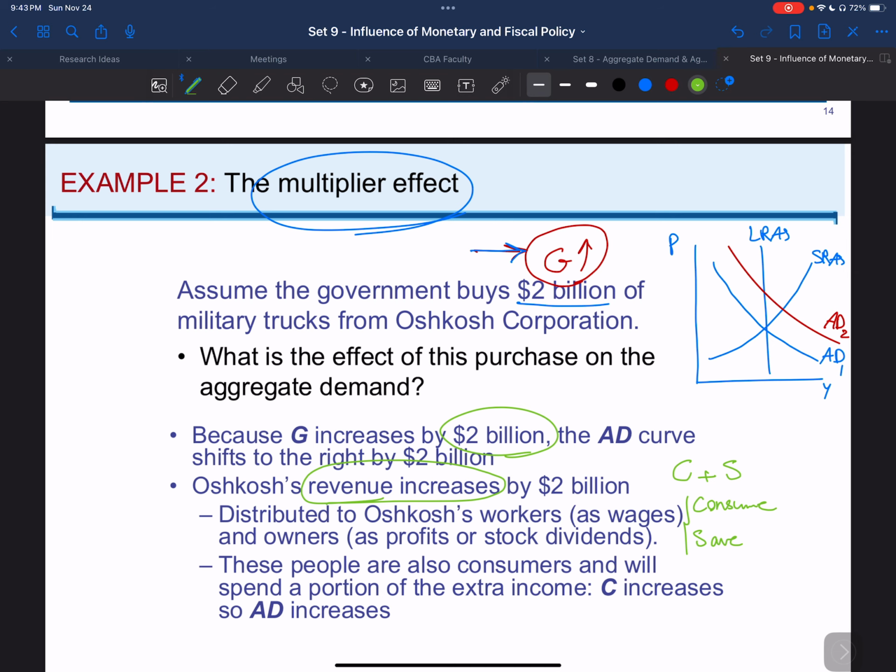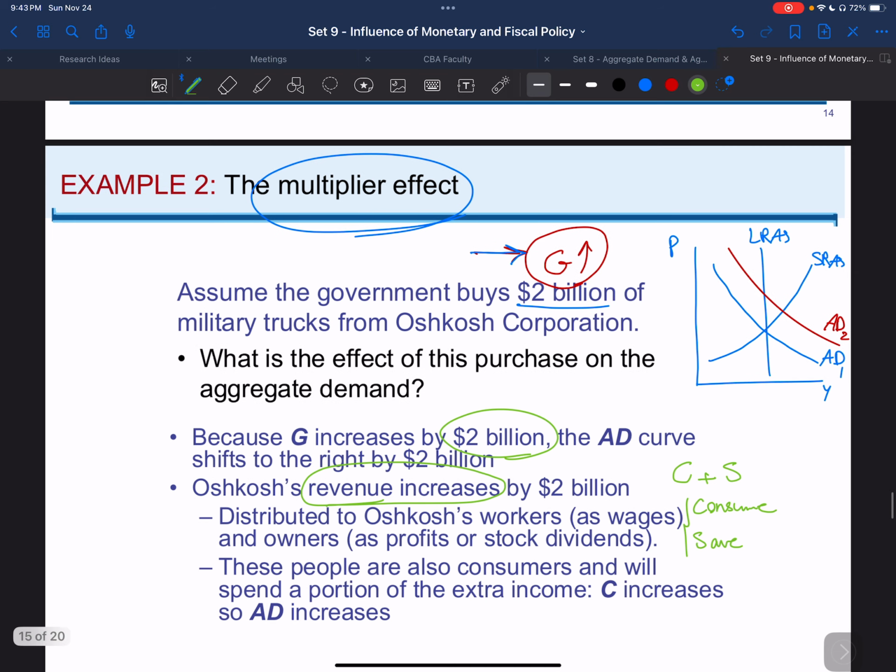And when part of it goes to the consumption, we're going to see that aggregate demand shifts to the right further, okay? So it even goes further to the right.